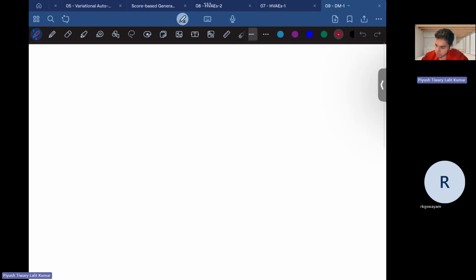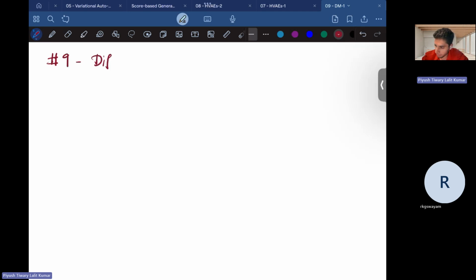So this is where we'll start diffusion models. This is the ninth lecture, diffusion models, first part of it. And so, okay, what are diffusion models?